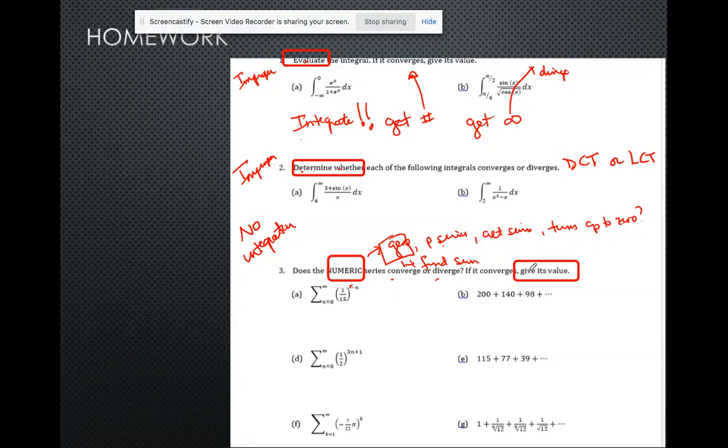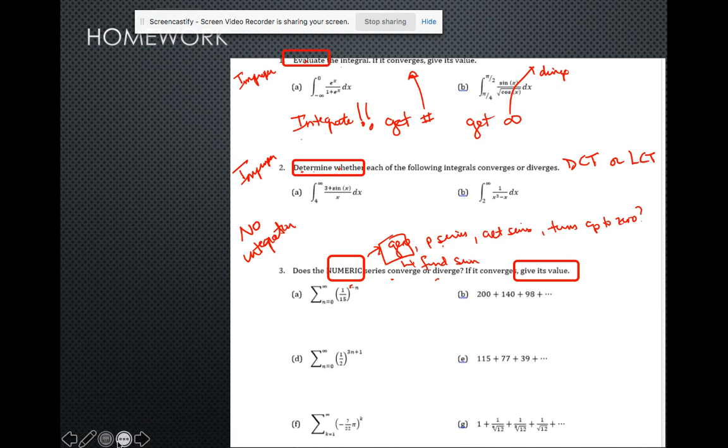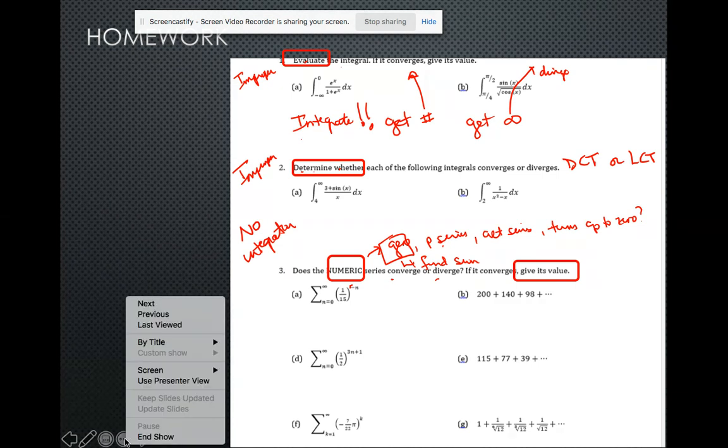Okay. If it's geometric, you have a formula. A over 1 minus R. All right. So again, that key is in the files. Oh, I did want to make one note too about the DCT and LCT for the quiz.